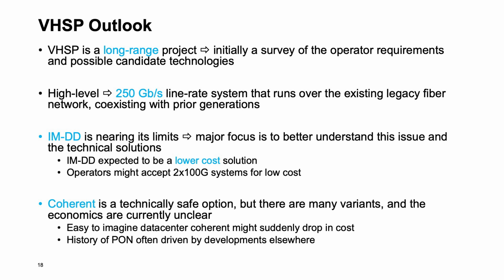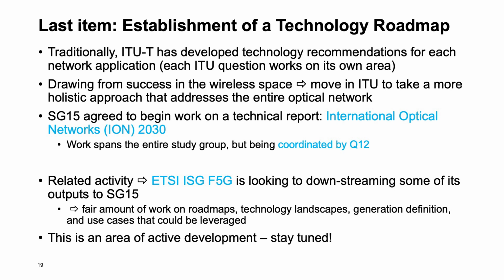It is expected to be the lower cost solution, but it does have some technical challenges. Coherent is the technically safe option, but there are many variants, and the economics of that are unclear. And maybe some of the things which are going on in data center and other application spaces might help us in lowering those costs.